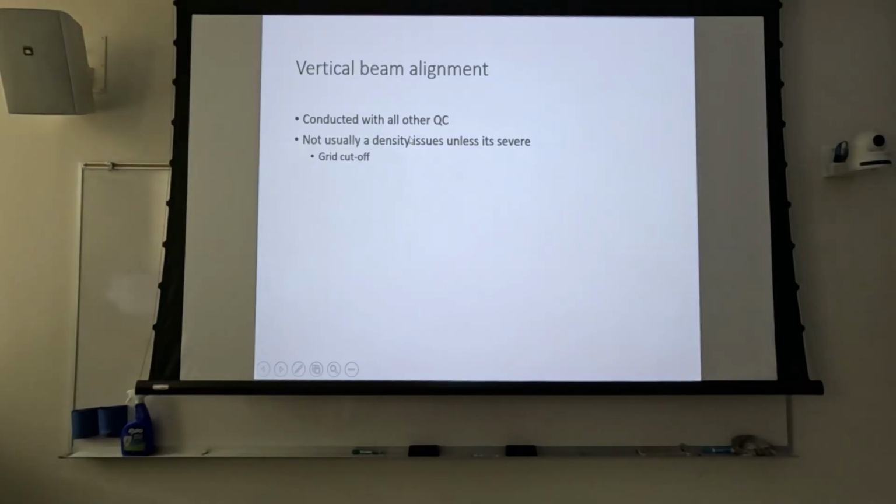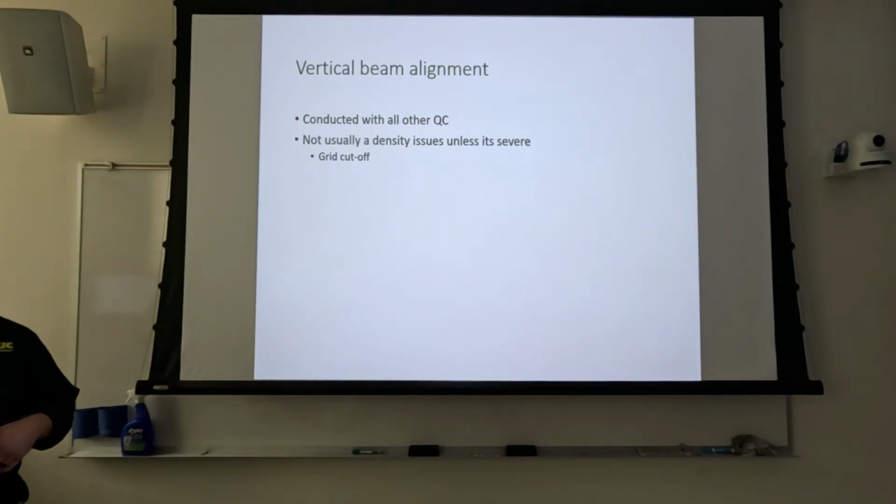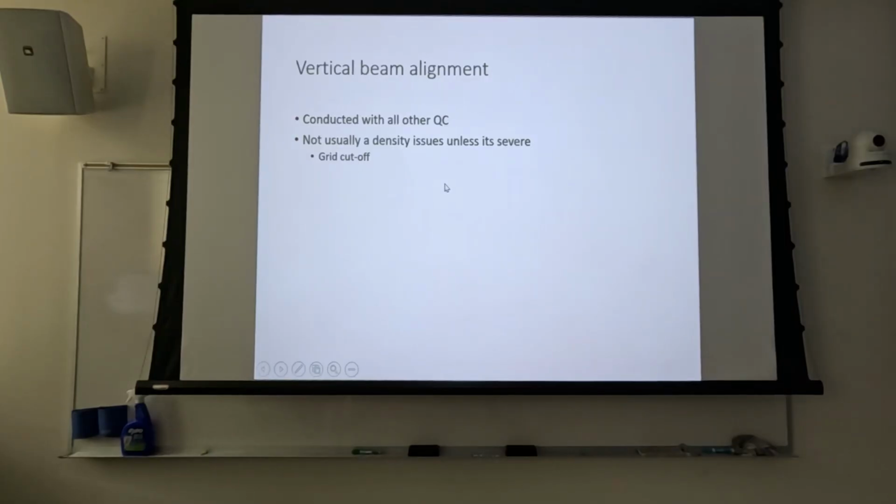So we're not going to have really any density issues unless it's really bad and we have an angulation that's so steep that it would cause grid cutoff. Otherwise, you're just not going to see that all that much. You may have some problems with parallax and the distortion of the anatomy that's directly in your crosshairs.